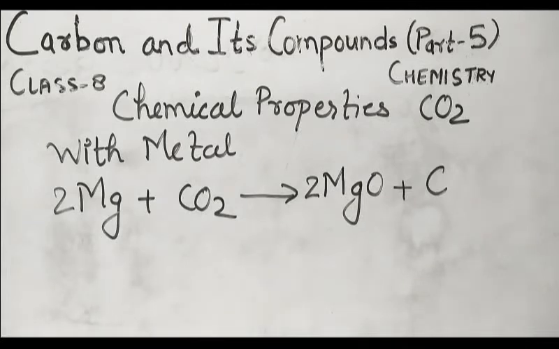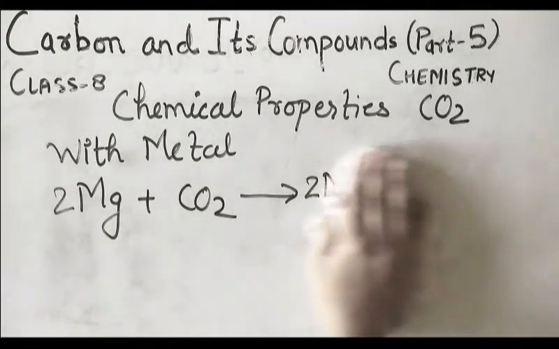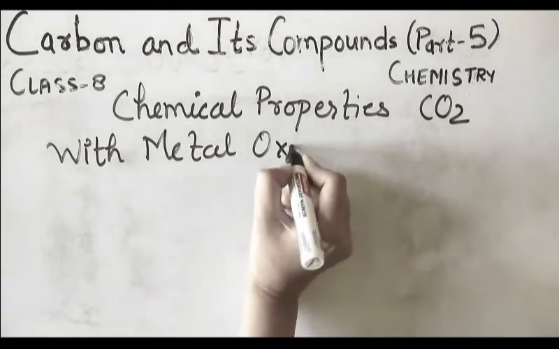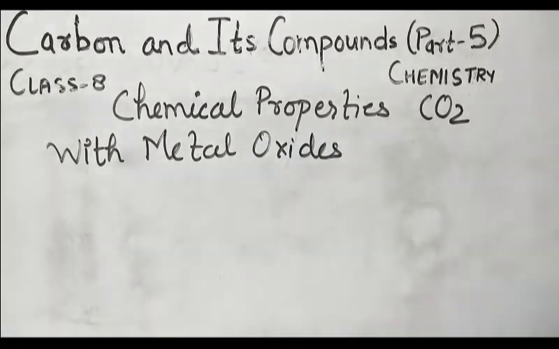Okay, now let us see when it reacts with metal oxides. When carbon dioxide reacts with metal oxides, then what will form? Metal oxides are basic in nature, so it is going to form metal carbonates. One is slightly acidic, one is slightly basic.